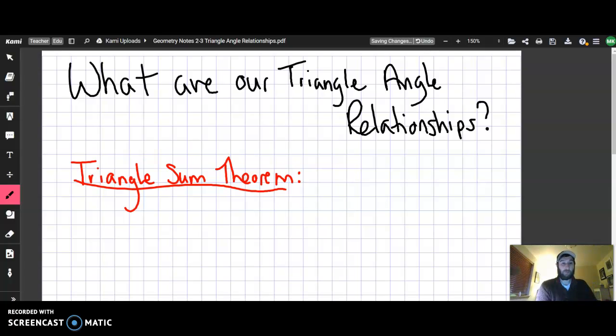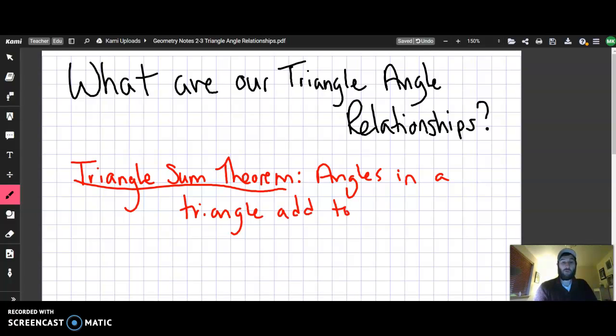And so, angles in a triangle add to 180 degrees.